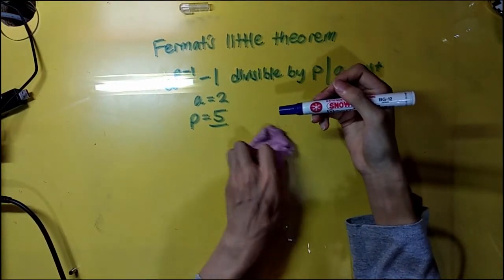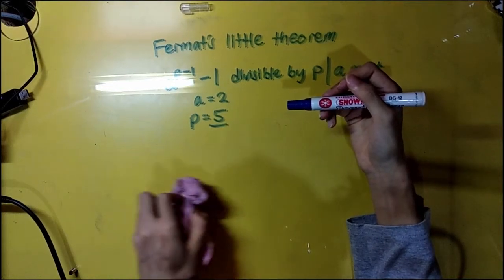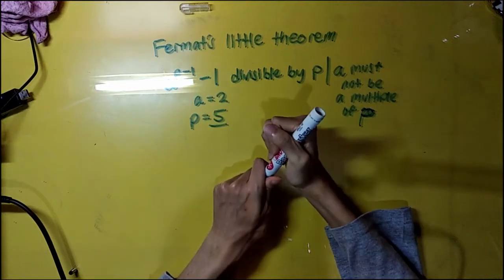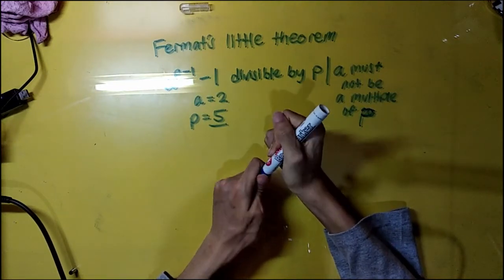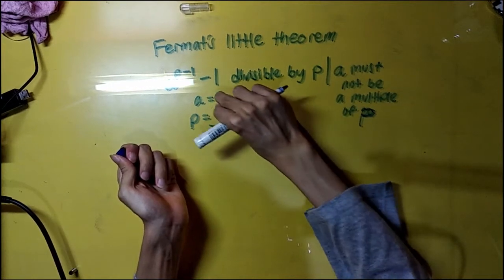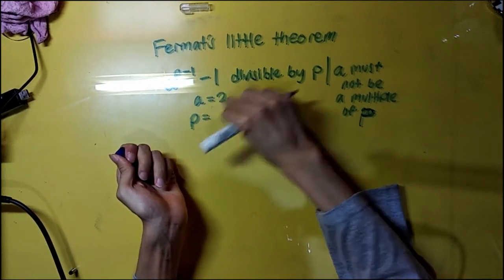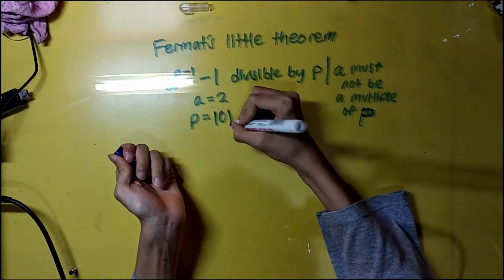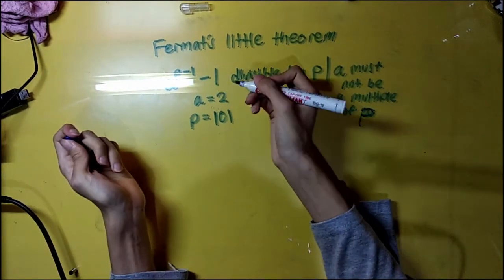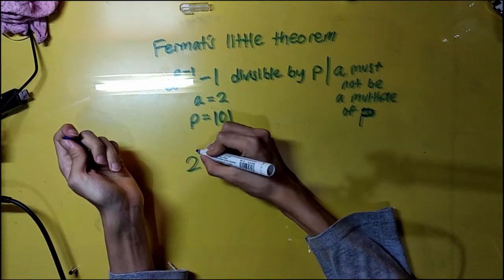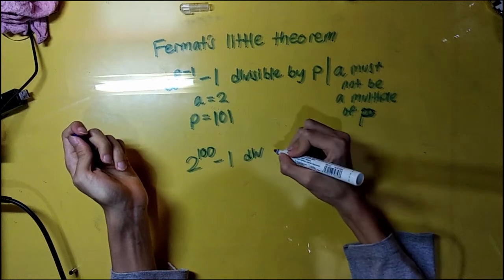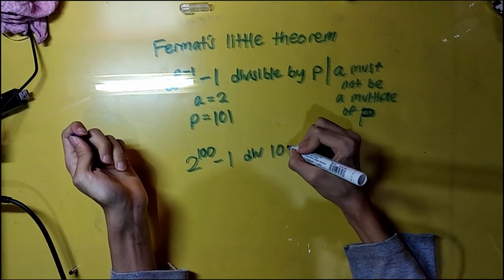One important application of this, like I said before, is with cryptography, and that's because you can simplify very big numbers. For example, the prime here could be, I don't know, a number like 101. I think 101 is prime. I hope it's correct. So you can say 2 to the power of 100 subtracted by 1 is always going to be divisible by 101.